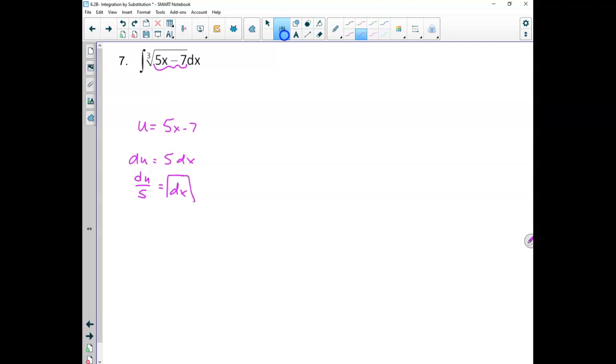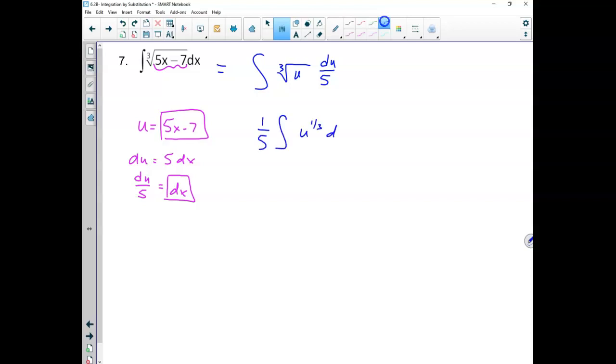Okay, so I'm going to substitute in for that and that. So that's getting me to redefine my integral as the cubed root of u, and my dx is going to be du over 5. That's the same as 1/5 times the integral of u to the 1/3 du, because I want to see my power rule.